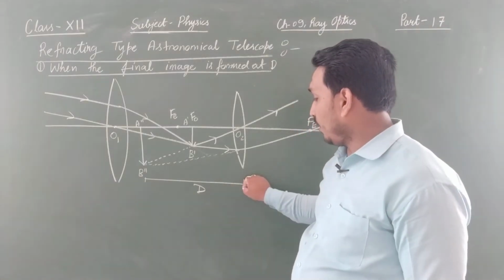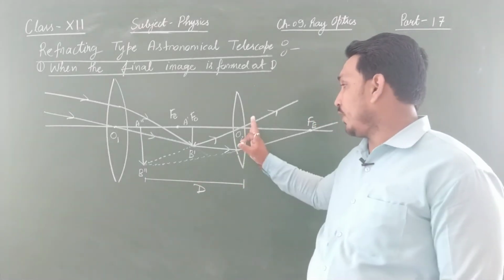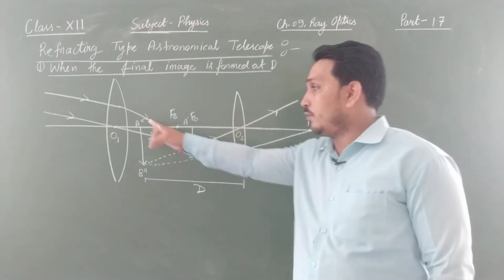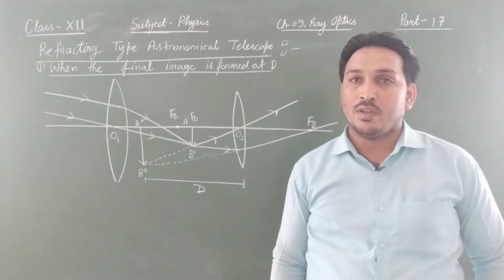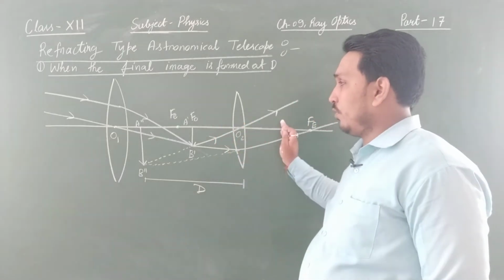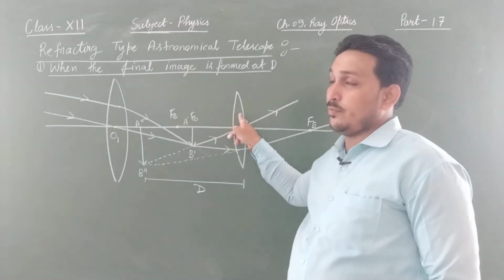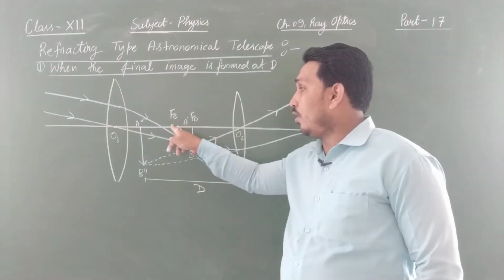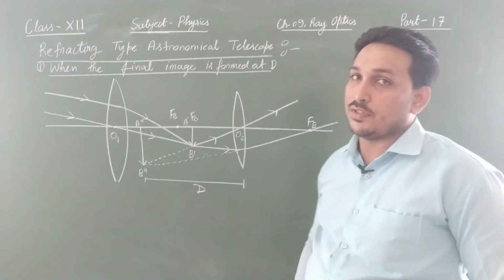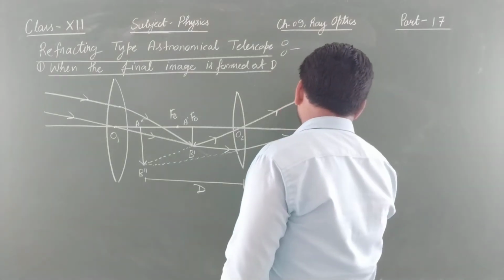It will not be that for the first attempt you are going to have the image at capital D. You have to adjust this lens in such a manner that this image is formed at capital D. Obviously, this lens has to be slid towards or away from the objective, and we need to take care that the focal length of this lens, that is the eyepiece, is beyond the position of this image, because this image serves as an object for this lens. So this is how the ray diagram is there.